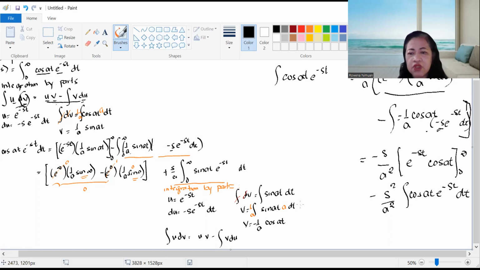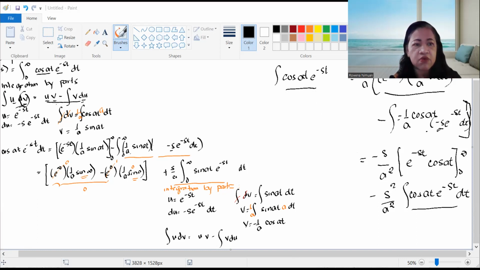So what can you notice from this? This integral and this integral are the same. So if I place that here, so can we share another pane?